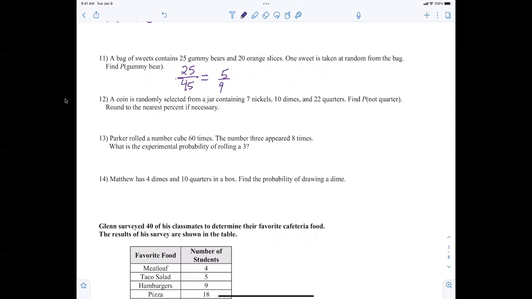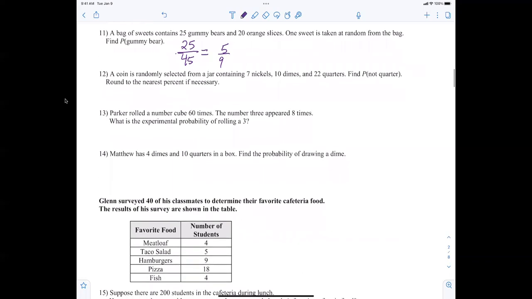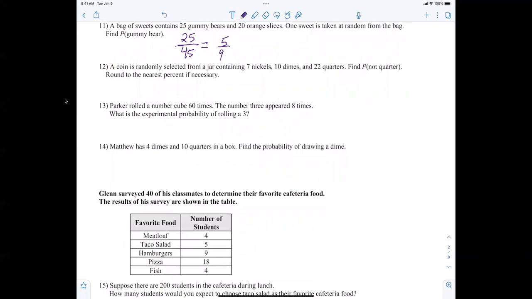All right, hold on a second. All right. Let's look at number 12. A coin is randomly selected from a jar containing 7 nickels, 10 dimes, 22 quarters. Find the probability that you're not a quarter. Mr. Valdez, what do we got?